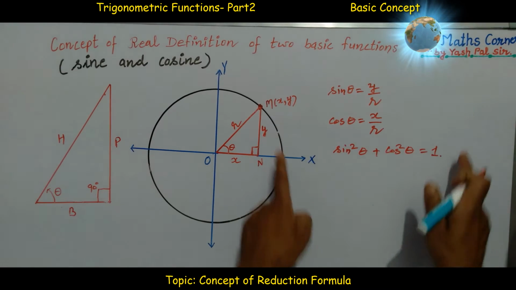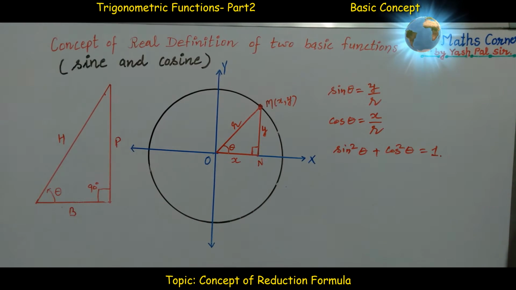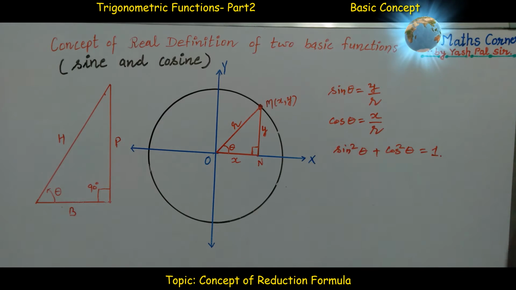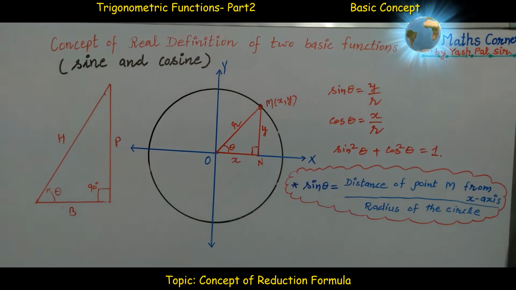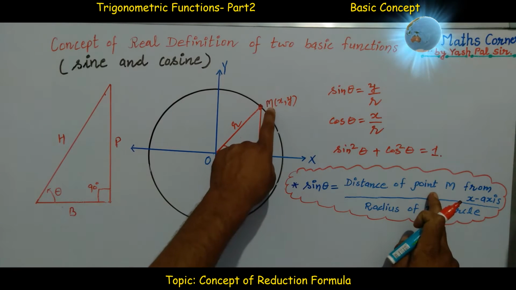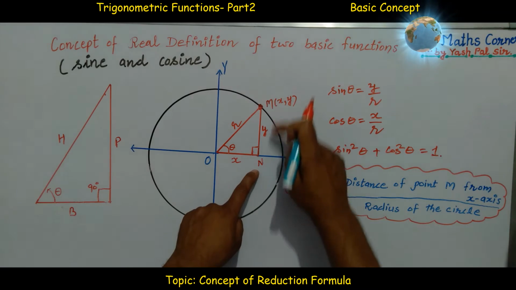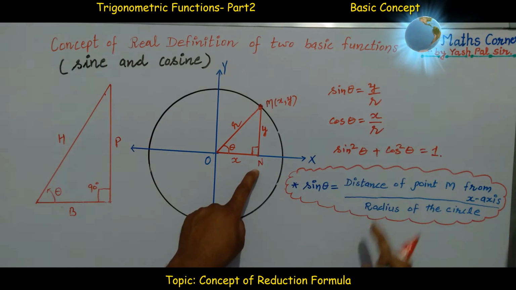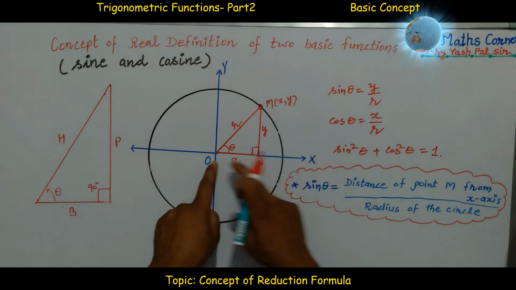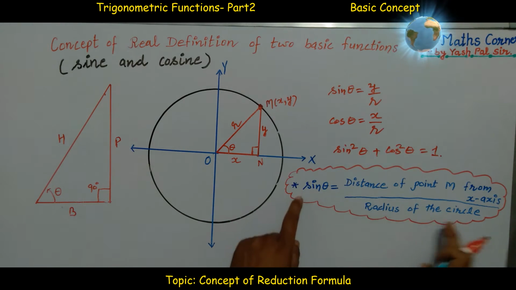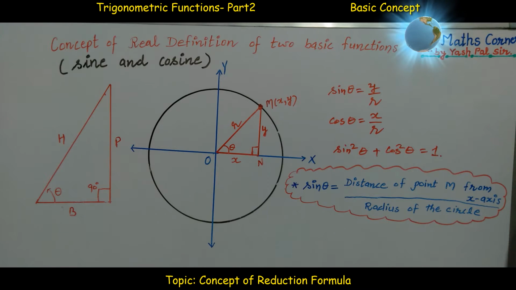Up to class 10th, we have studied this much. But the real definition of sine theta is: sine theta is equal to distance of point M from x axis, that is M to N, y, divide radius of the circle, y upon r. This is the real definition of sine theta.